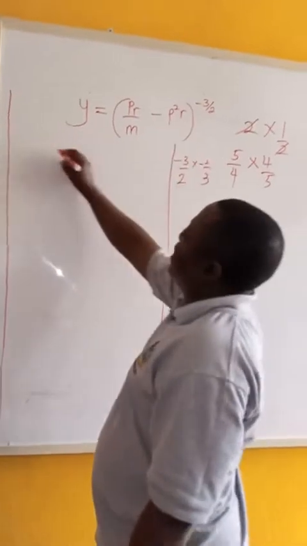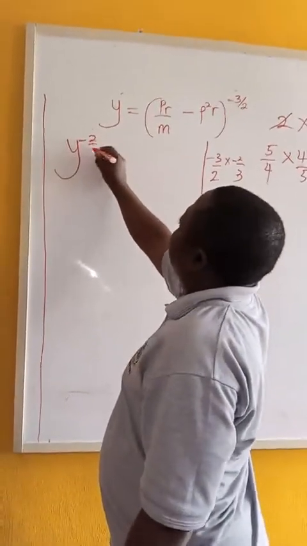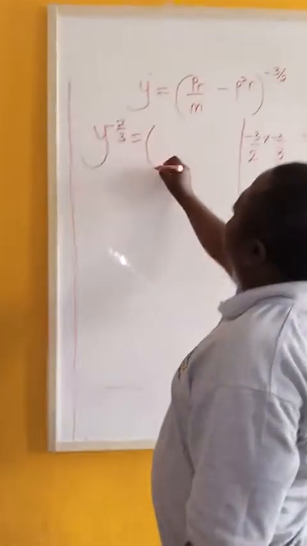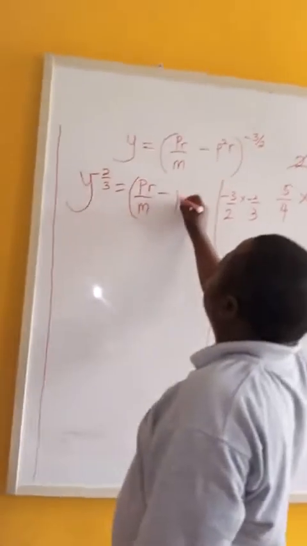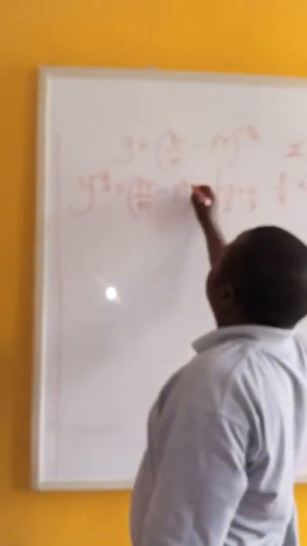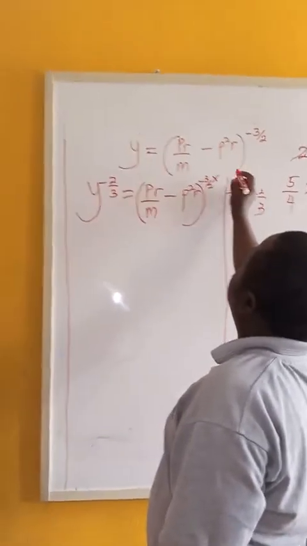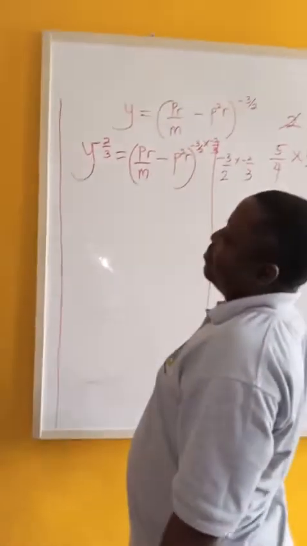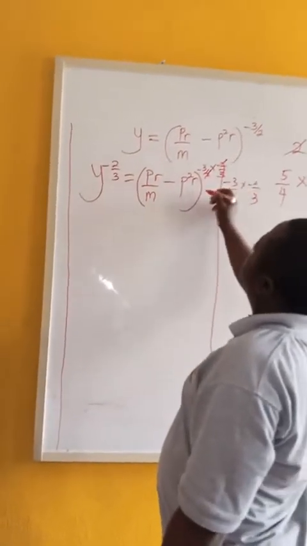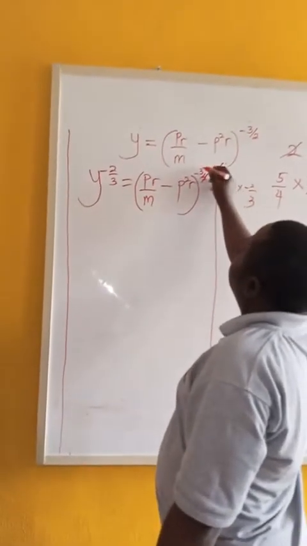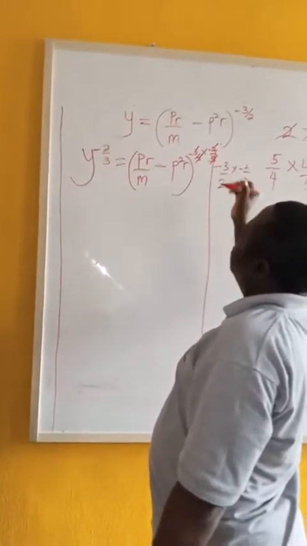And let's get it started. y raised to power minus 2 over 3 is equal to PR over m minus P squared R, raised to power minus 3 over 2 times minus 2 over 3. So if you multiply this, you are going to get 1. 2 cancels 2, 3 cancels 3, and minus times minus is plus, so this is 1.